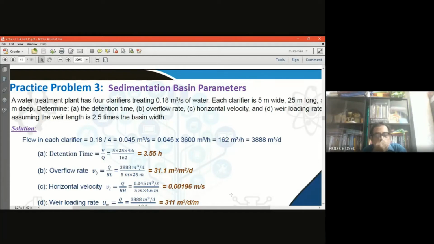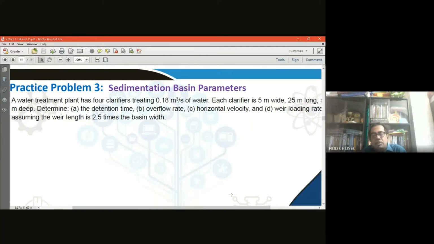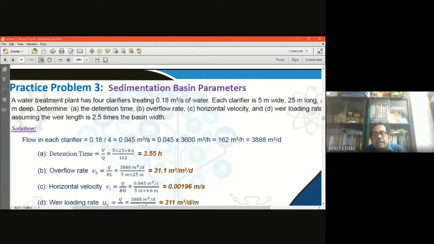We are going to find out the detention time, overflow rate, and horizontal velocity per unit clarifier. So you have to divide the total discharge by 4. In each clarifier, it is 0.045 meter cube per second, and in terms of meter cube per day it is 3,888 meter cube per day.